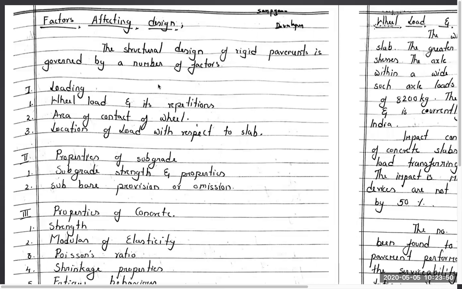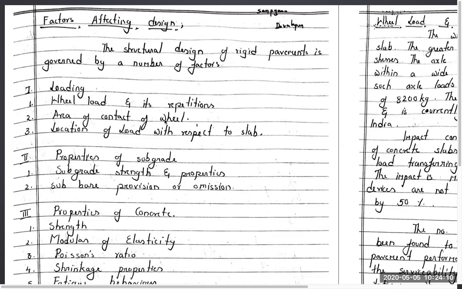But still, in module 4 also, we need to understand what are the different factors we consider for rigid pavement. One thing is the type of loading, what is the magnitude of wheel load coming and its repetition. So it helps in designing the pavement.